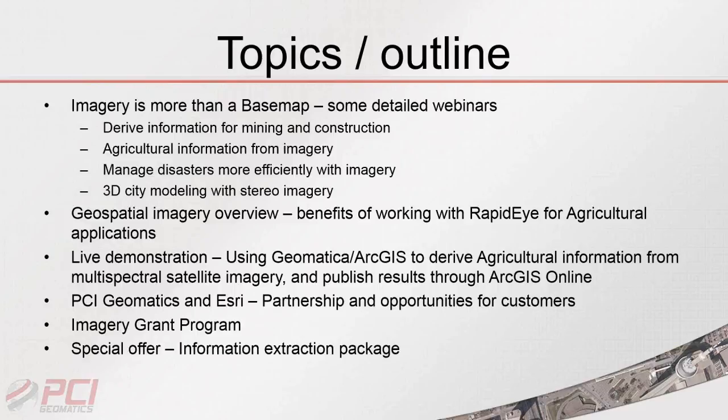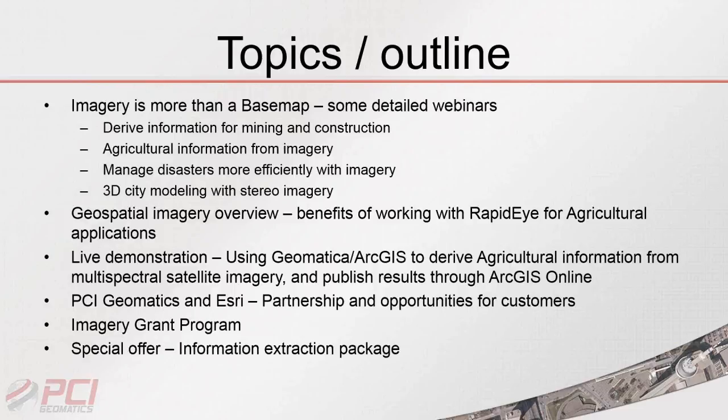Following Clint's quick overview, we're going to go into a live demonstration of using Geomatica and ArcGIS in conjunction for extracting information from the RapidEye imagery, and also looking at how some of the results can be published and shared easily with the use of the ArcGIS platform and ArcGIS Online specifically.